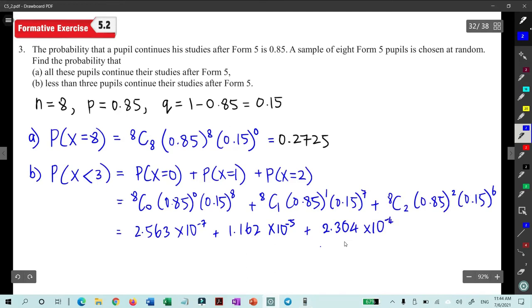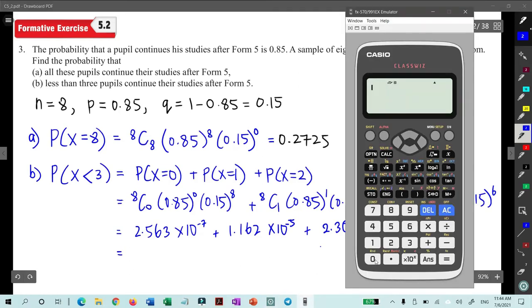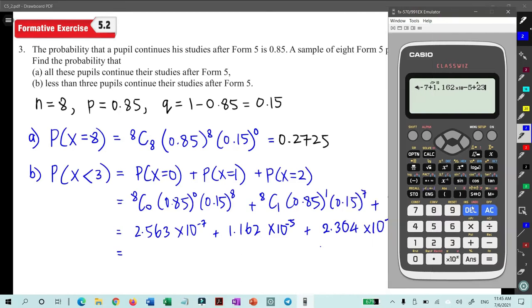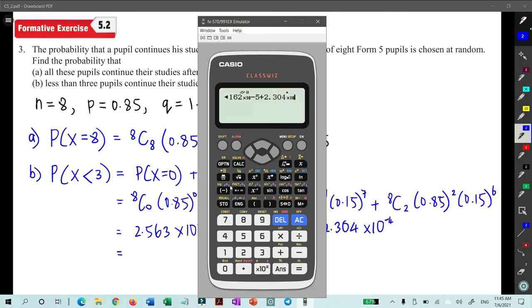Okay, let's sum up all these three values. 2.563 times 10 to the power of negative 7 plus 1.162 times 10 to the power of negative 5 plus 2.304 times 10 to the power of negative 4.